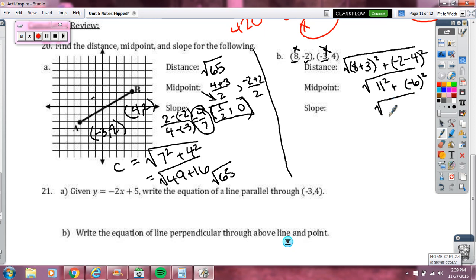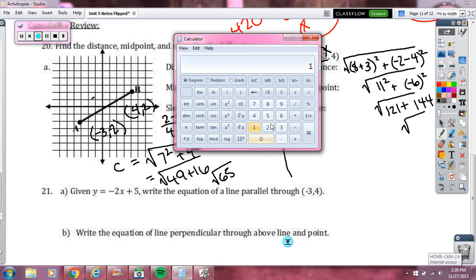So I've got 11 squared, which is 121, plus, notice, -6 squared is going to be positive 36. So I'm going to add those two together. 121 plus 36 is 157.